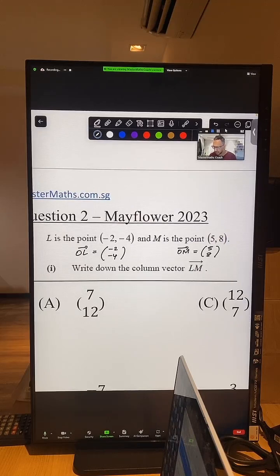So if OL is -2, -4, therefore LO is going to be 2 and 4. Always remember if the vector is something something and then you reverse the vector, I mean reverse the direction, you just got to multiply the x and the y with -1.